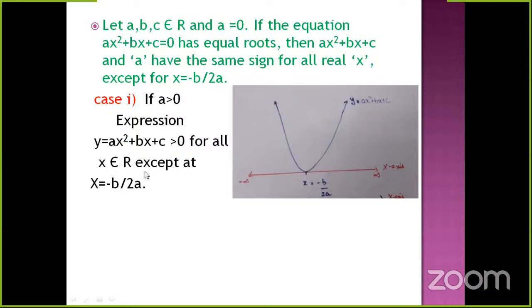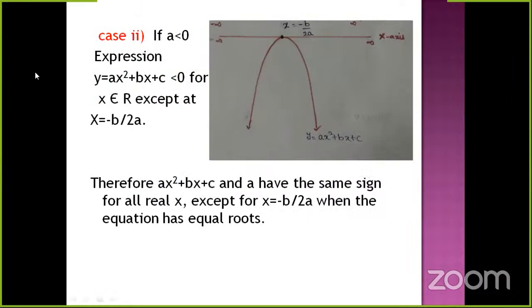Now we will consider the second condition. Case 2. If a less than 0, that is if a is negative, then the graph will be in this form. That is, the curve is below the x-axis and the value of y is negative except at the point x equal to minus b by 2a. Since it is a point of intersection, the value of y will be 0. So for every x belongs to R except at x equal to minus b by 2a, the value of y will be negative.